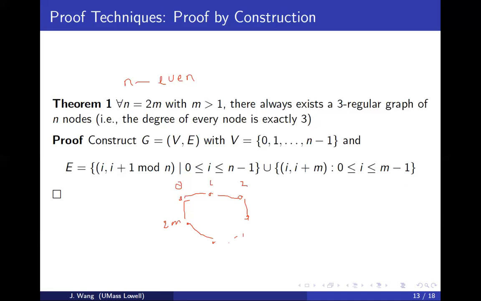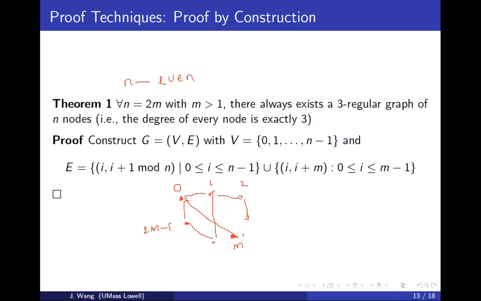Let's say this is m here. And what I'm going to do is start from 0, make a connection to m. And this is m plus 1. So eventually we just make another link.